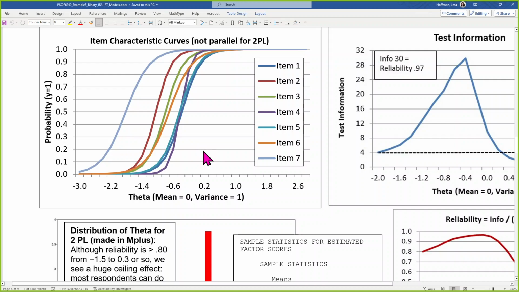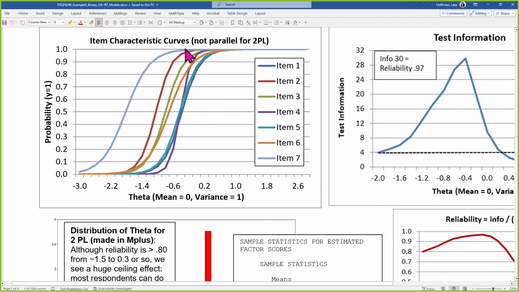The model's linear in the logit, non-linear when you back translate the predictions into probability. So the location on the x-axis corresponds to which item parameter, A or B? Yeah, location is B. So where these curves are is given by B, or the threshold. How steep they are at that point is given by A.